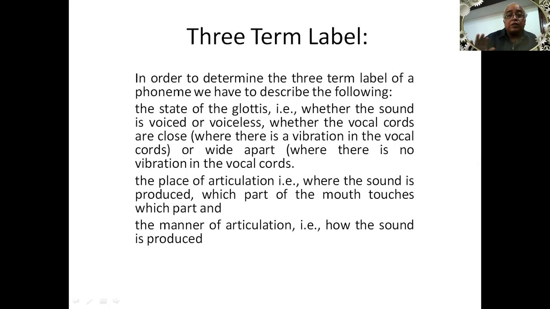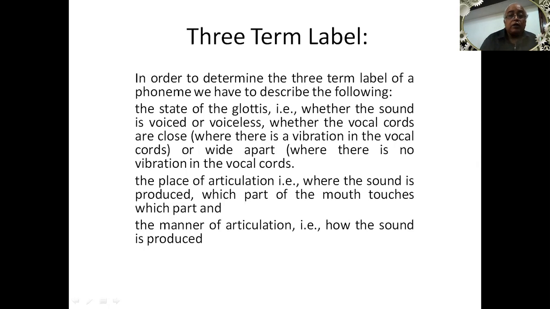First, we have to state the condition of the glottis, whether the sound is voiced or voiceless. If the vocal cords are closed and there is a vibration in the cords, it's voiced, or the vocal cords are wide apart and there is no vibration in the vocal cords, that is the voiceless sound.